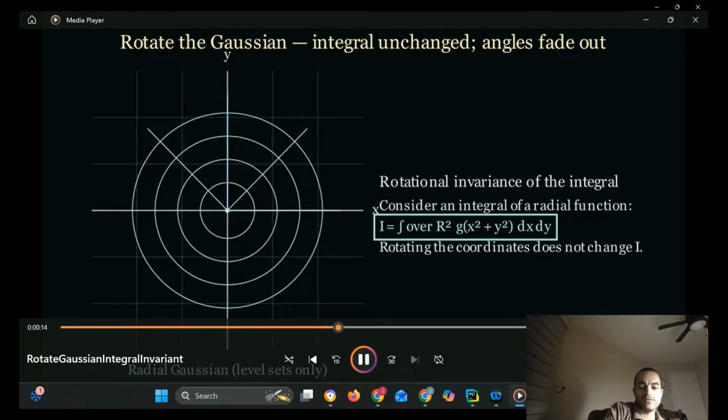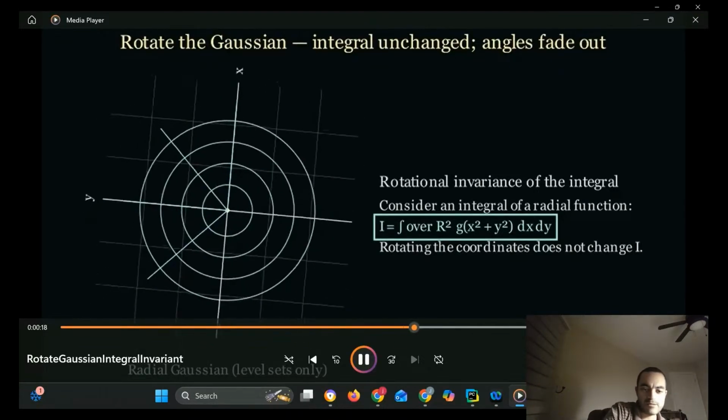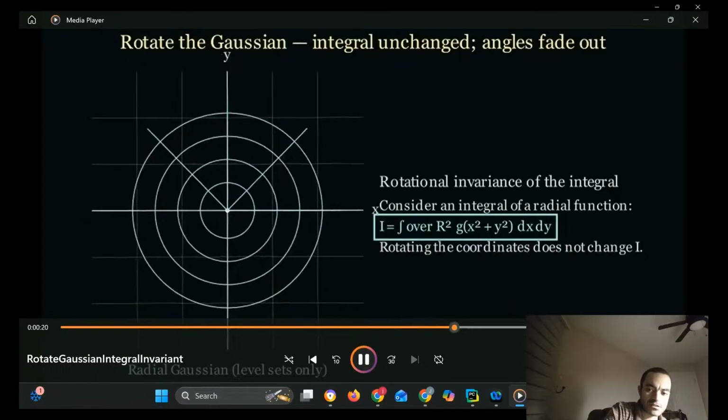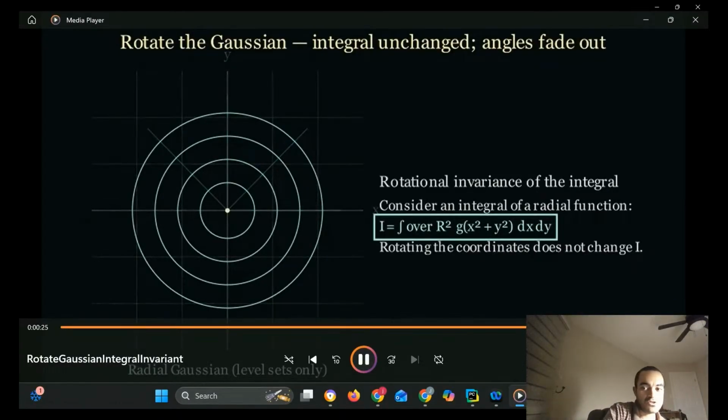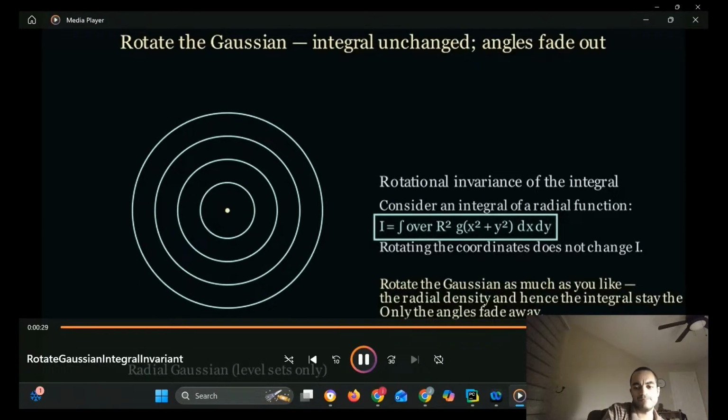What is it actually? If I keep rotating my coordinate system, then there is some rotational blank. It's a special word.